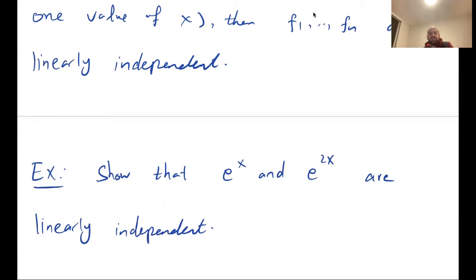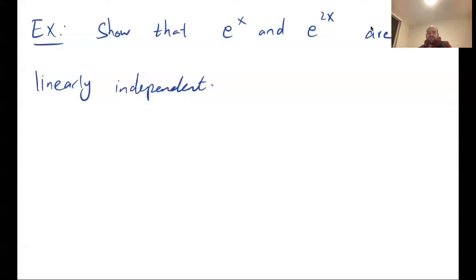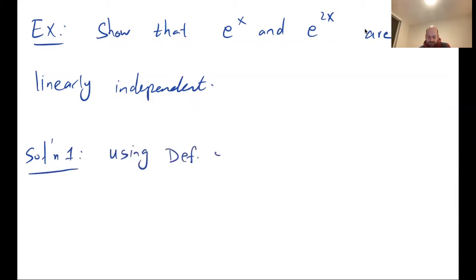And we want to show that these two functions are linearly independent. Let's first do it with the definition of linear independence. So solution 1, using the definition of linear independence.